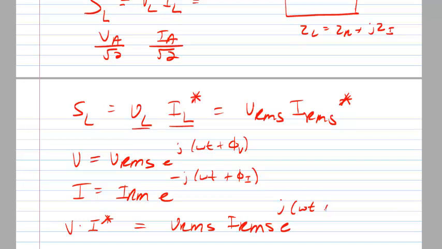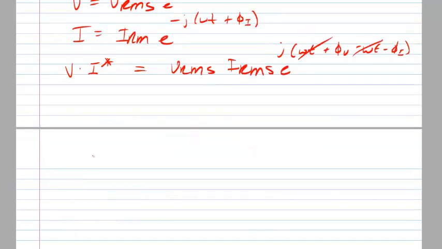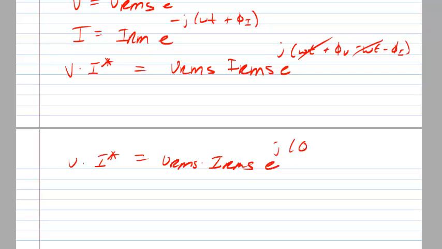So you get omega t plus the phase of the voltage minus omega t minus the phase of the current. V times I star equals VRMS IRMS e to the j with a phase difference between the voltage and the current.